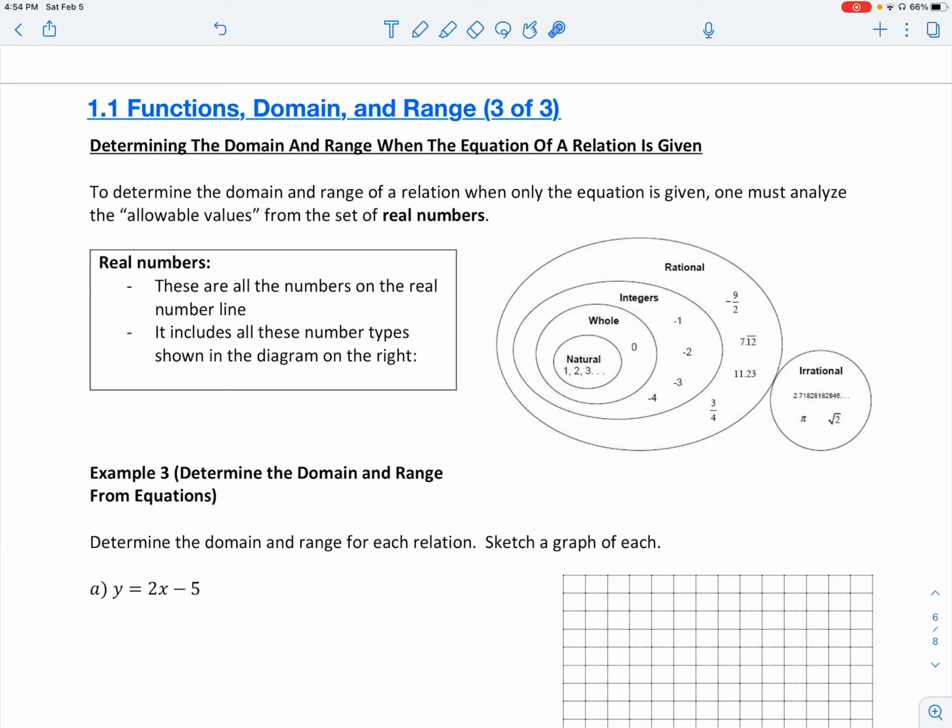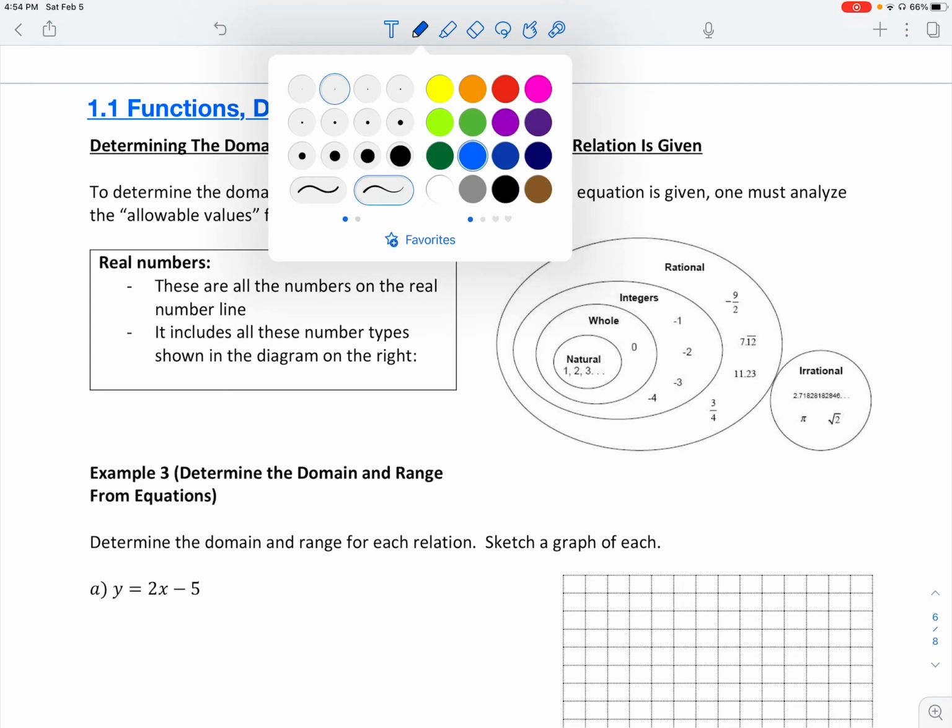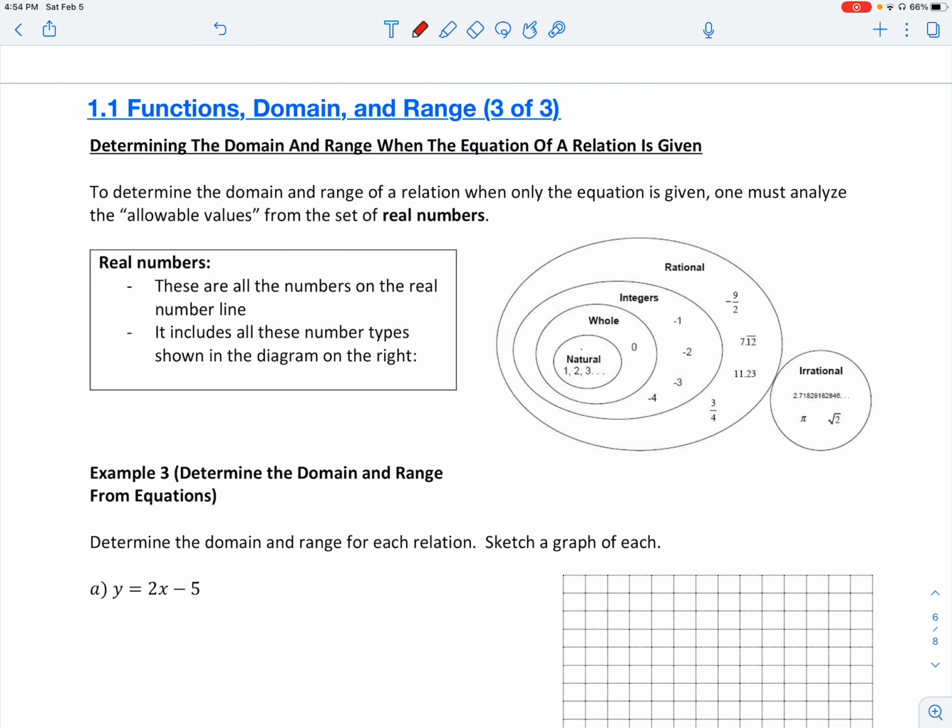So if you're working with the whole number system, you would include 0 and the natural numbers 1, 2, and 3. These number systems are given symbols. The natural number system is given the letter N to denote that system. Whole numbers is given the letter W. Okay, it makes sense. And now moving on to integers.